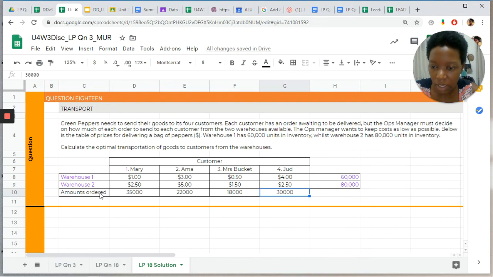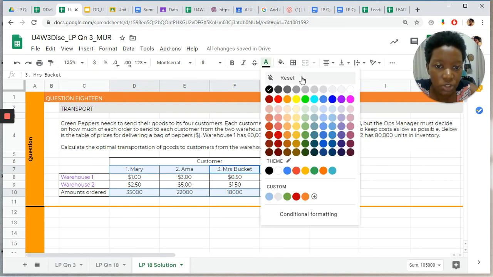I'm going to make the amounts ordered and the names a different color as well, so you can see that distinction between the customers and their capacities and the warehouses and their capacities.